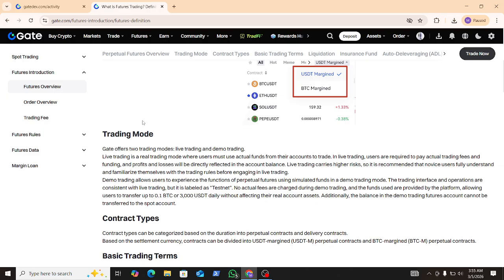No actual fees are charged during demo trading, and the funds are provided by the platform, allowing users to transfer up to 0.1 BTC or 3,000 USDT daily without affecting their real account assets. Additionally, the balance in the demo trading futures account cannot be transferred to the spot account.